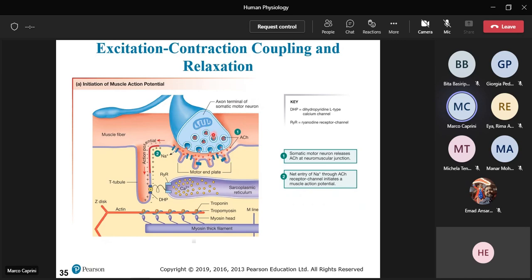Another important point is that when the acetylcholine is released here, a lot of acetylcholine is released, and a lot of nicotinic receptors are present here. Why are there a lot of nicotinic receptors here?